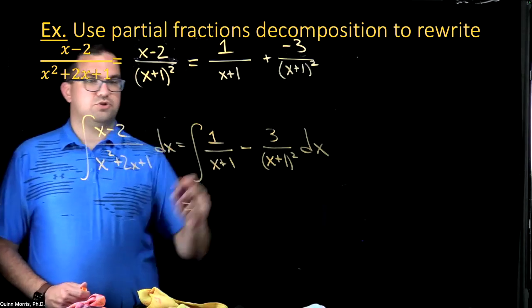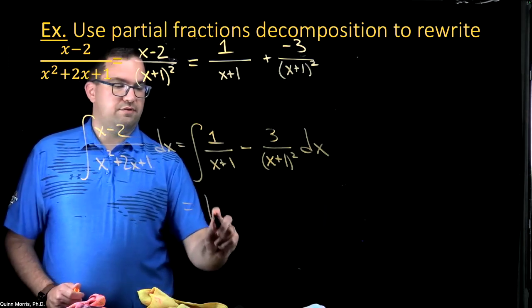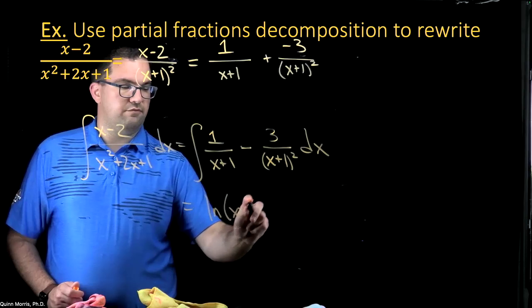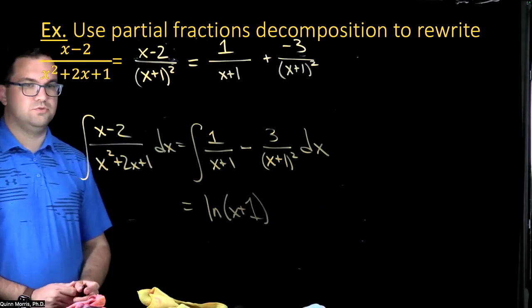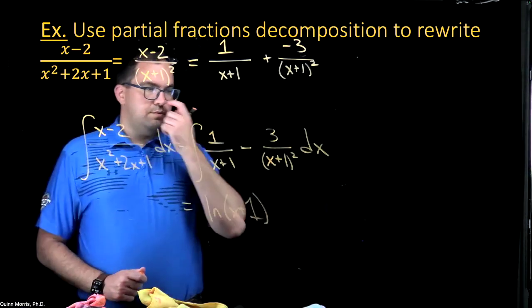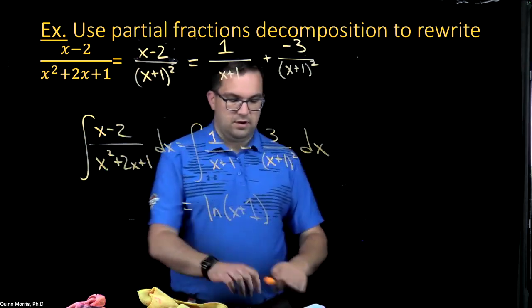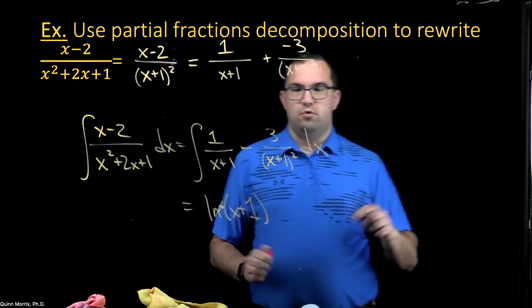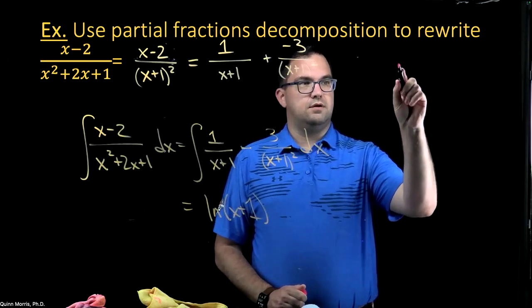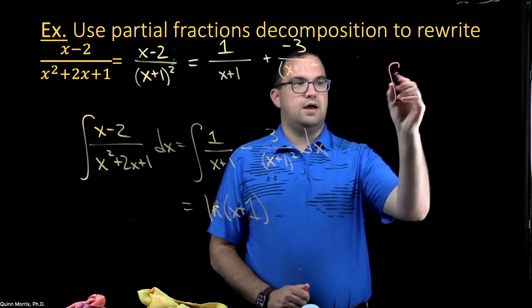And now I can do this term by term. The antiderivative of the first term is fairly straightforward: that's natural log of x plus 1. This one may be slightly trickier. As we do more of these, you'll probably become more comfortable with them, but let me walk through it in detail one time.